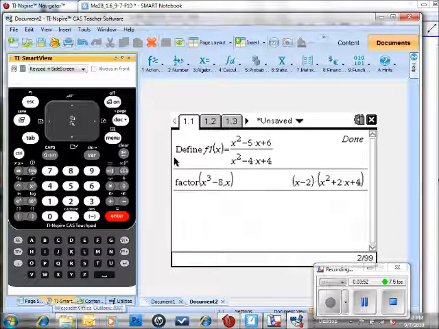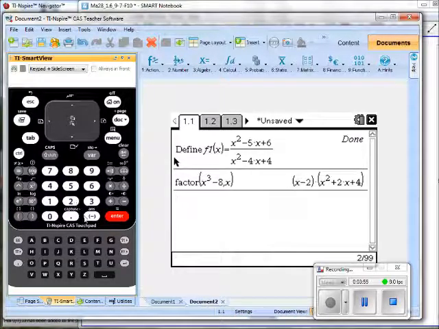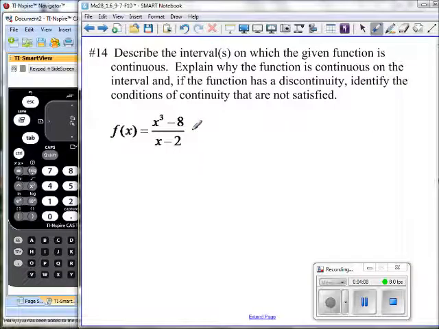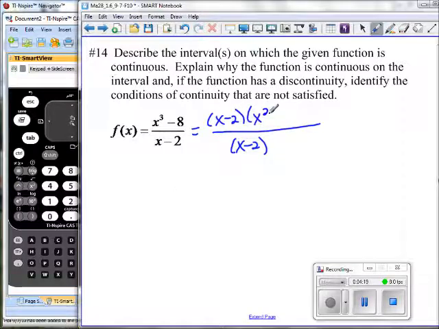Yeah, maybe. We don't usually do too much with factoring perfect cubes. So use your Inspire to help you out. Nicely, there is a factor of x minus 2. So I know that my numerator has a factor of x minus 2, and my denominator has a factor of x minus 2. And the rest of that was x squared plus 2x plus 4.